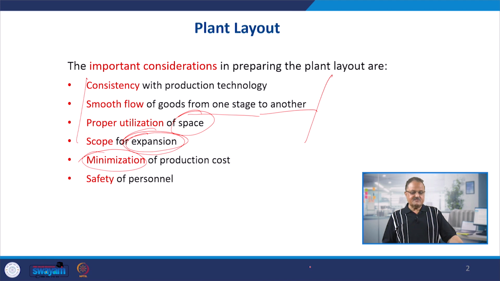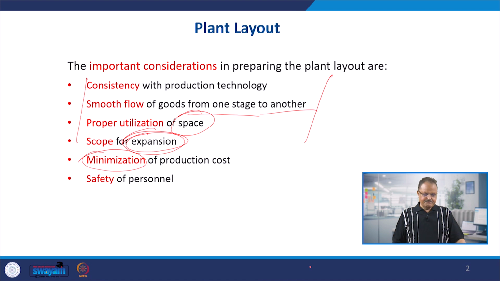Proper utilization of the space is also a very important component, and space also has a cost these days, especially when it's rented space. If we need a space of a certain size, but we hire space of a bigger size, we pay more rent.